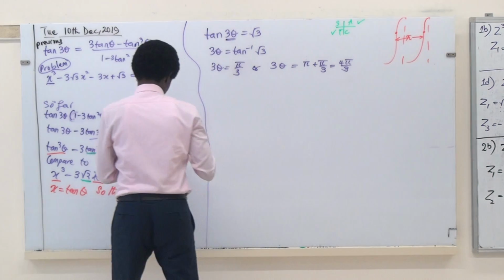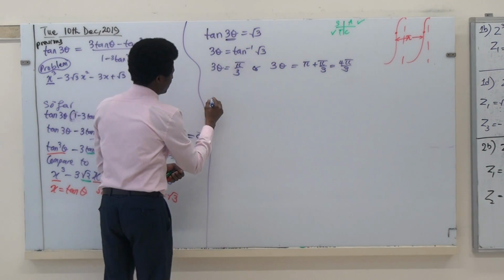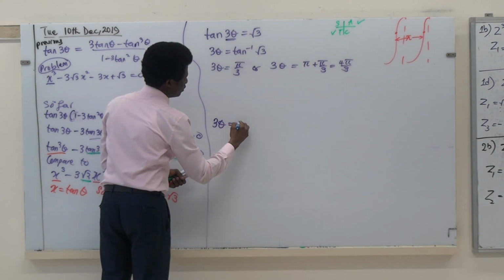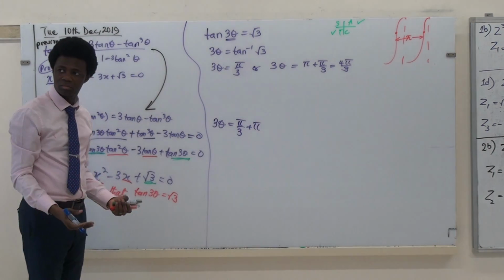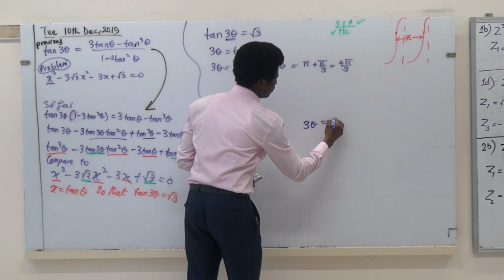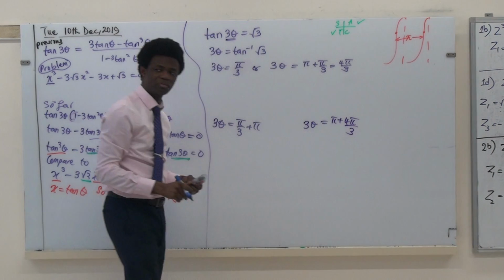Okay, so let's see. That said, from this, our 3 theta can also be pi over 3 plus pi. It is periodic. Yes? From this, it means our 3 theta can also be 4 pi over 3 plus pi. It is periodic after every pi.